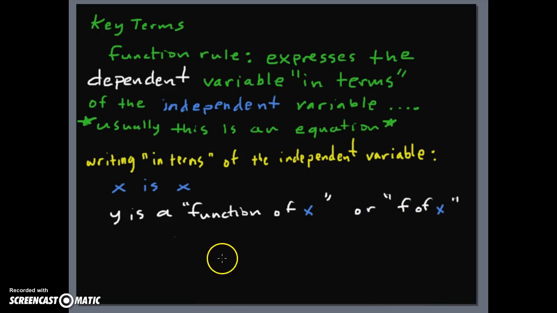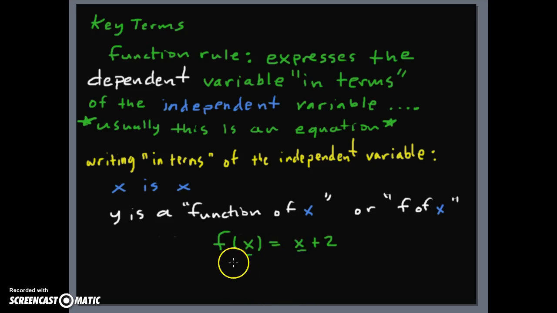So you'll see this throughout the remainder of the year, where we have f of x equals, let's say, x plus 2. So here's our function rule. Here's x, our input, and here's y. Here's x, our input. It's listed twice.